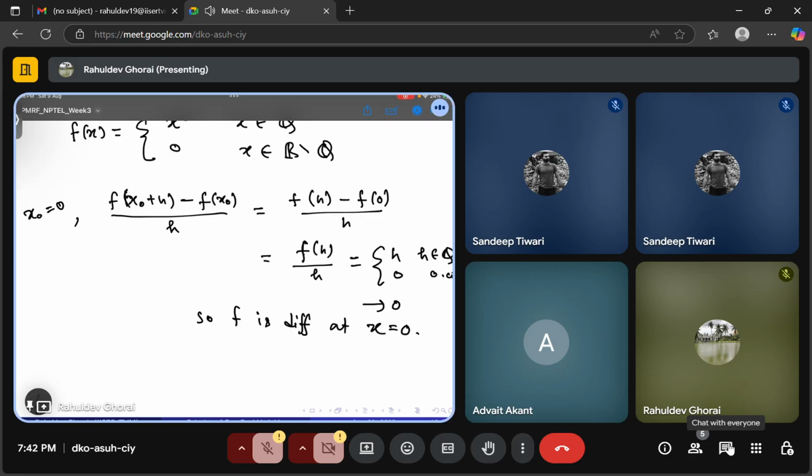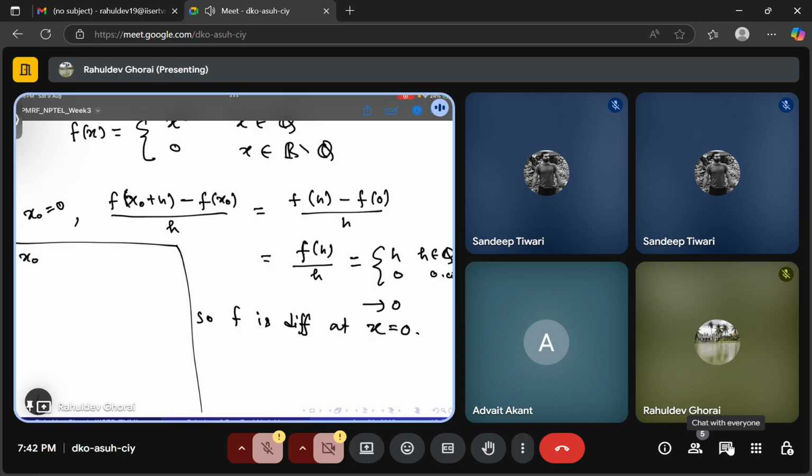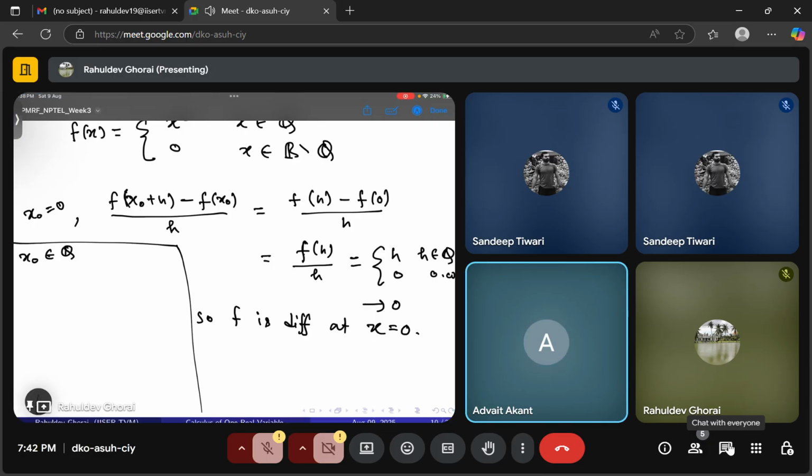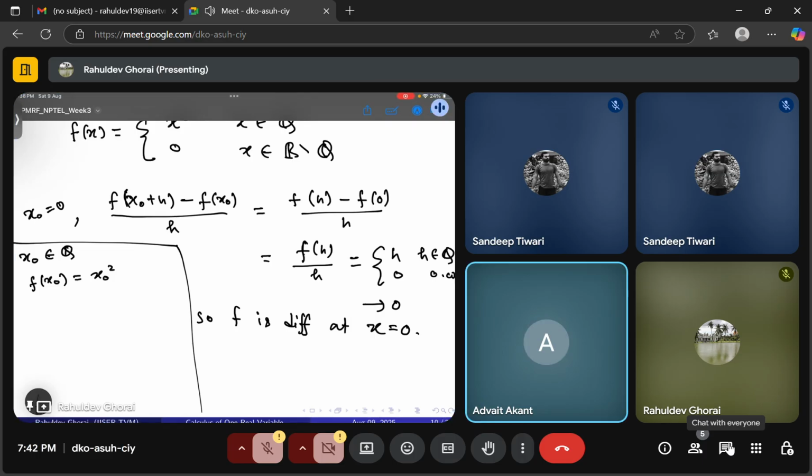Let's say x naught is rational. Then f of x naught is equal to x naught square. Yes, it is positive.